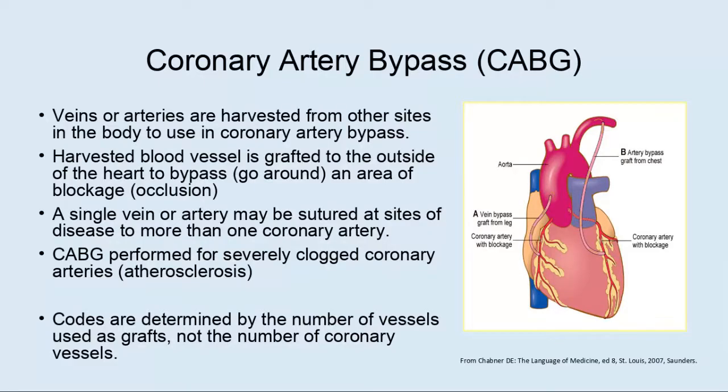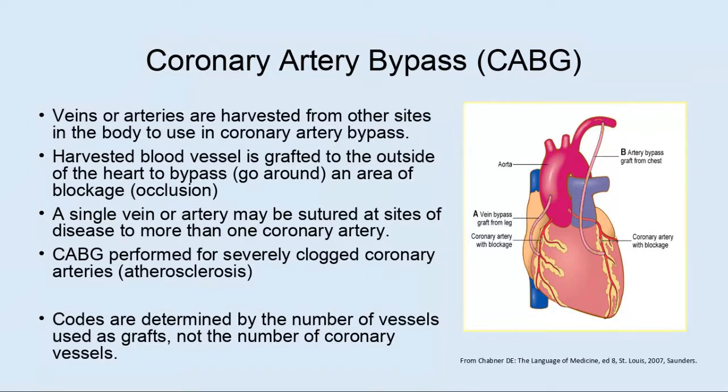So, what is a coronary artery bypass or CABG? Veins or arteries are harvested from other sites in the body to use in coronary artery bypass. They're taken from other places and grafted onto the heart. The harvested blood vessel is grafted to the outside of the heart to bypass, or go around, an area of blockage, such as for atherosclerosis.